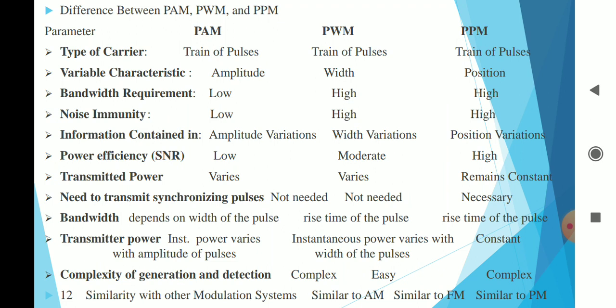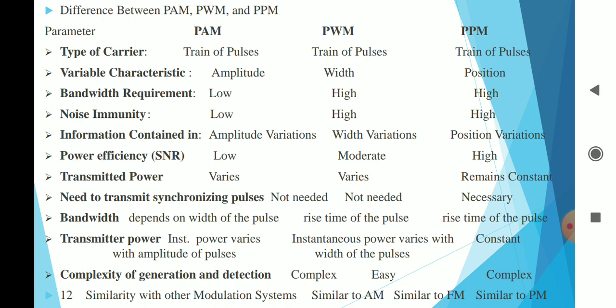In all these three techniques, PAM, PWM and PPM, the type of carrier used is a train of pulses. The variable characteristic in PAM is amplitude, in PWM is width, and in PPM is position. Bandwidth requirement for PAM is low, PWM is high, PPM is also high.